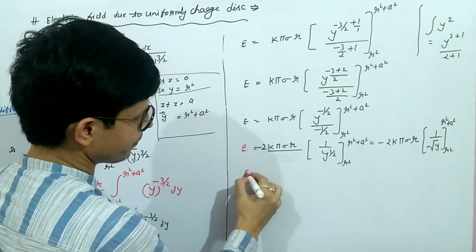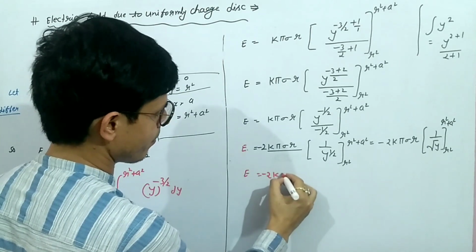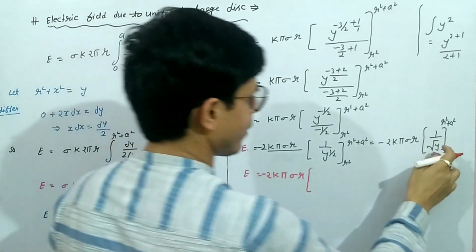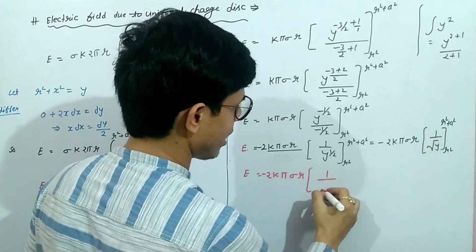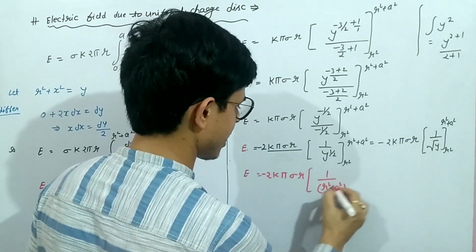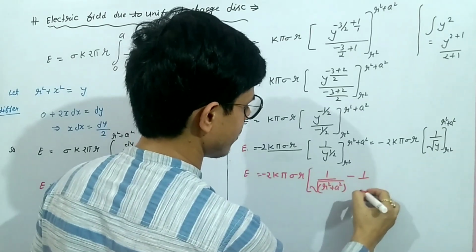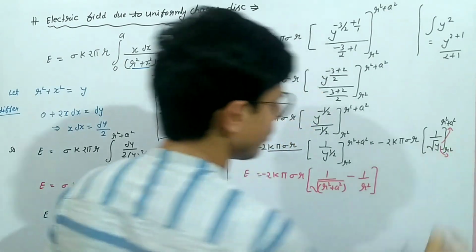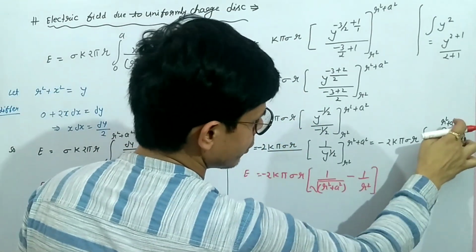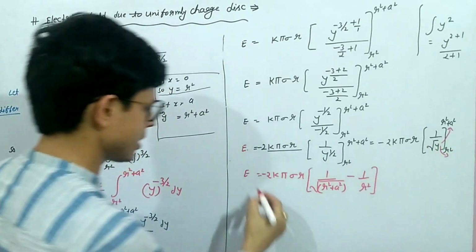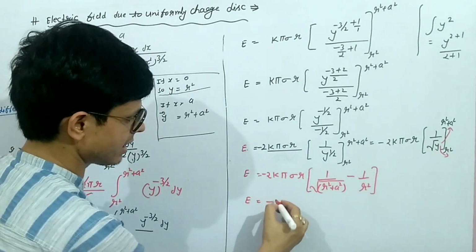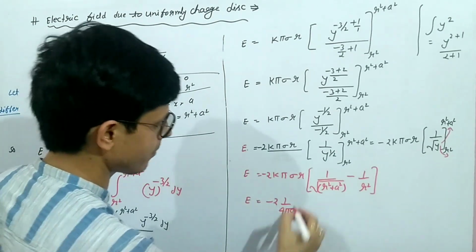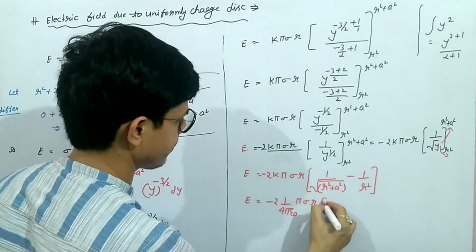So equal to, put the value: minus 2k pi sigma r. First the upper value: 1 upon root of r square plus a square, minus 1 upon the lower value. First at the place of y we will put the upper value, then we will put the lower value. So at the place of y we will put this, it will be minus 1 upon r. Now take the minus inside it. K is 1 upon 4 pi epsilon naught, called k pi sigma r.